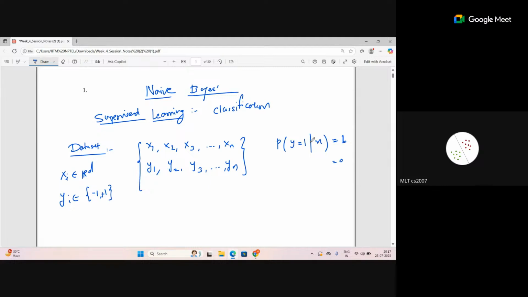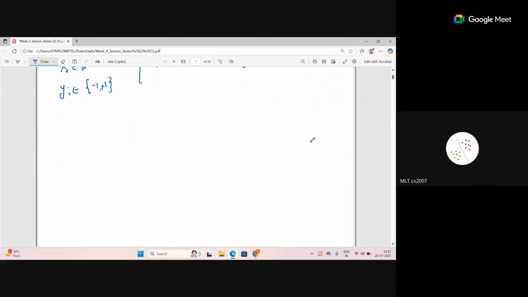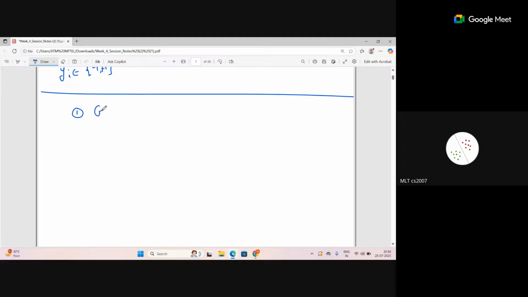So there are two types of models. I think we have seen them in the lectures also. What are those two models? One is called generative models, and another is discriminative models.